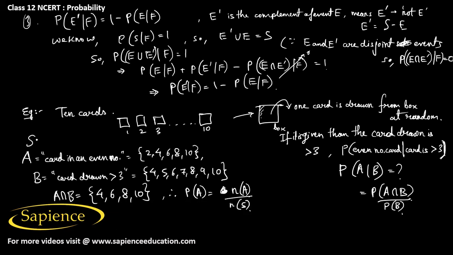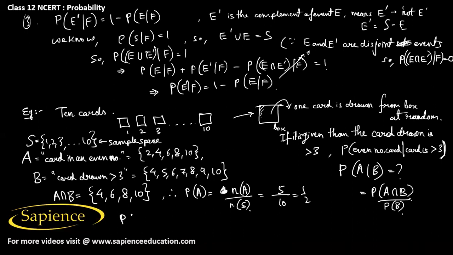The sample space is the set of all the outcomes, which is 1, 2, 3, 4 till 10, for this random experiment. So it will be n of A by n of S, that is 5 divided by 10, which is 1 by 2.